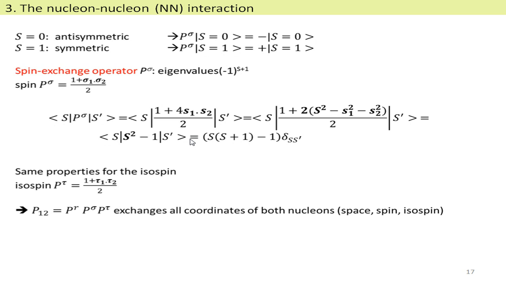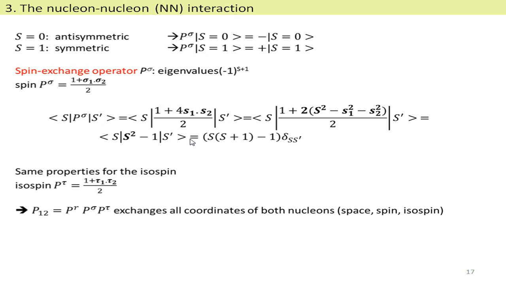And now let's specify what this operator is. Well, you can easily show that this operator is determined from the spin operators sigma 1 and sigma 2. And to see that, I write here a matrix element of P sigma between two wave functions. So sigma is 2 times the spin.